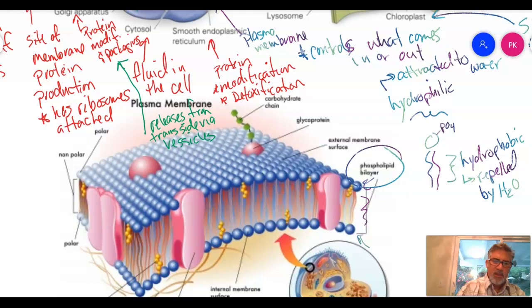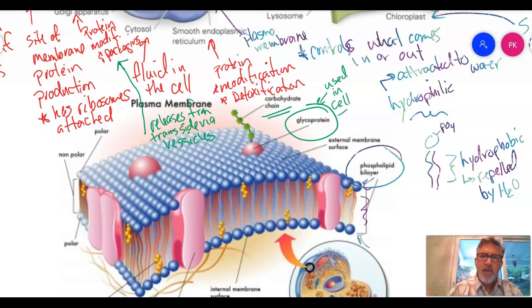So there's a couple of interesting things here. So you can have glycocarbohydrate chains, right? So this is a glycoprotein, and that glycoprotein is used in cell identification. So when something's coming through and it's looking for a certain type of cell, it's looking for these glycoproteins.